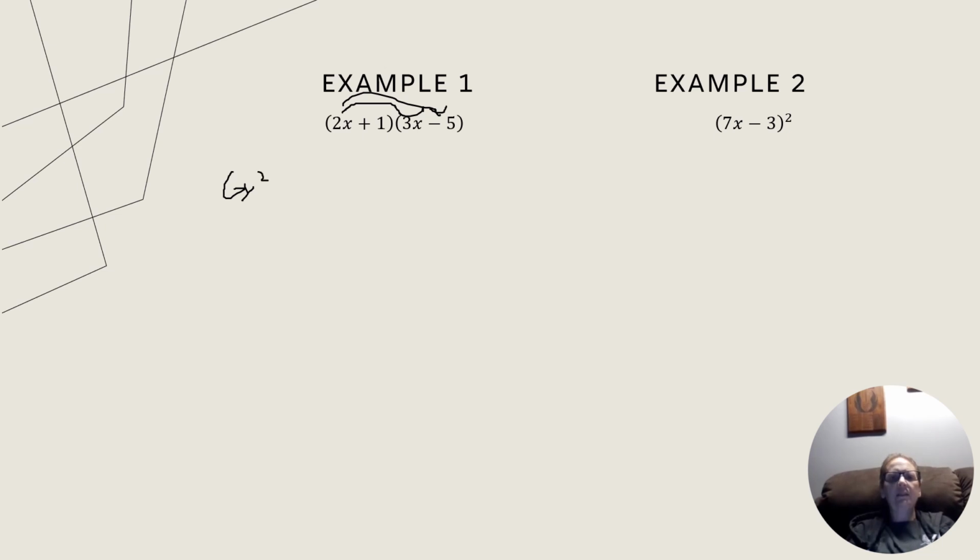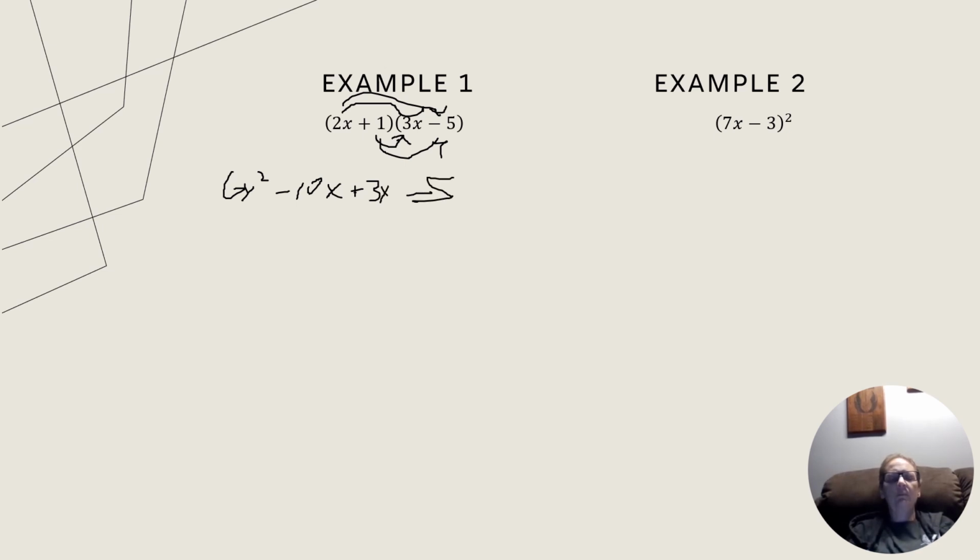And then I have 2x times negative 5 would be negative 10x. And then I'm going to distribute the second number, which is the positive 1, which is really easy because 1 times anything is itself. So I just get the 3x. It's a positive 3x. And the minus 5.